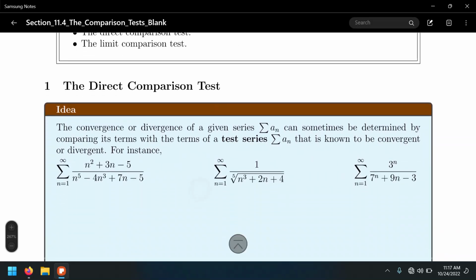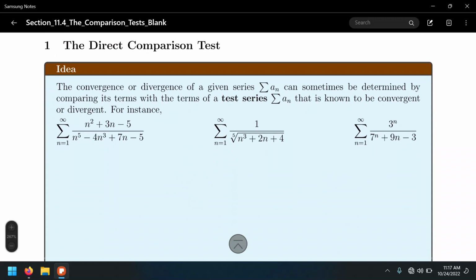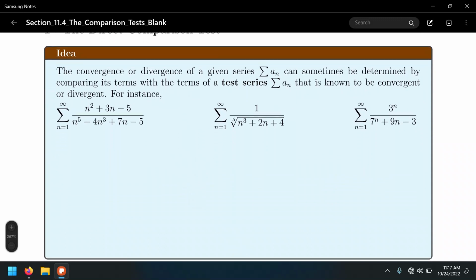So this time for the direct comparison test, we're going to look at series that look more complex, for which you don't want to try the integral test on the first one, unless you want to do a big partial fraction decomposition problem. Good luck with that. It's doable though, but that's not the most efficient way to go about it.